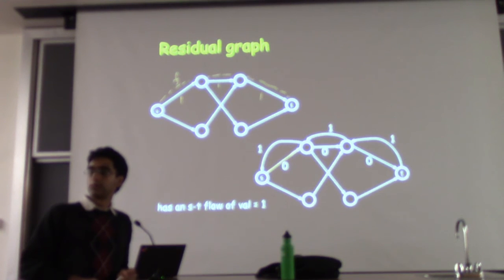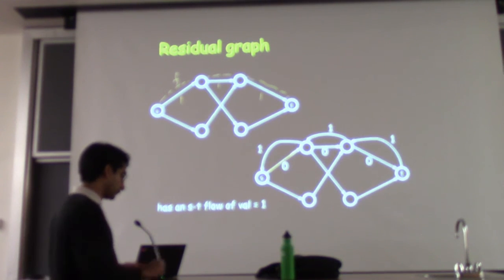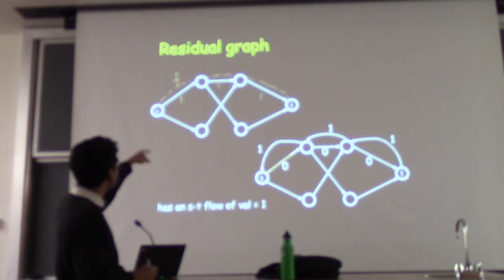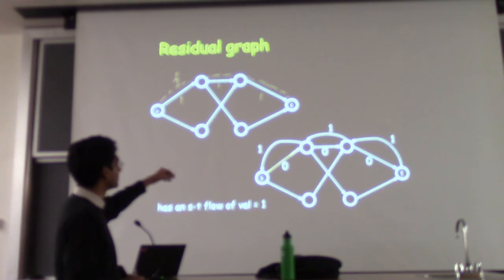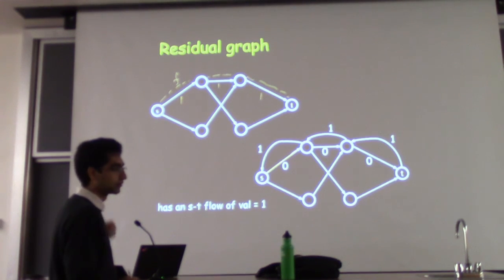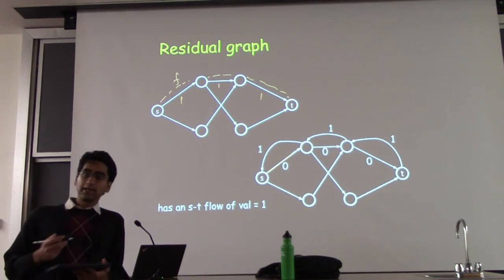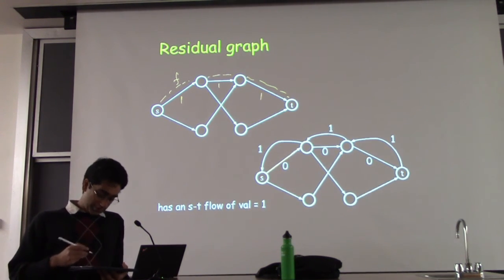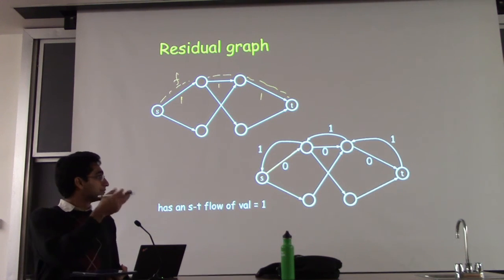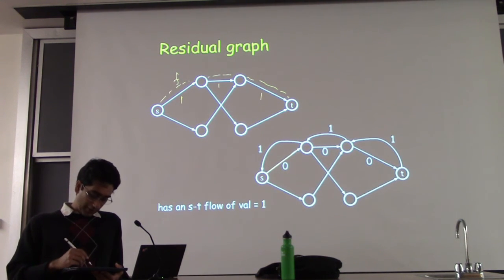So if your flow was more complicated, if your flow had both these things, then you would have lots of back edges. And the way this allowed us to make progress was, once you introduce these back edges, you could find a flow in this residual graph, which basically went like this.